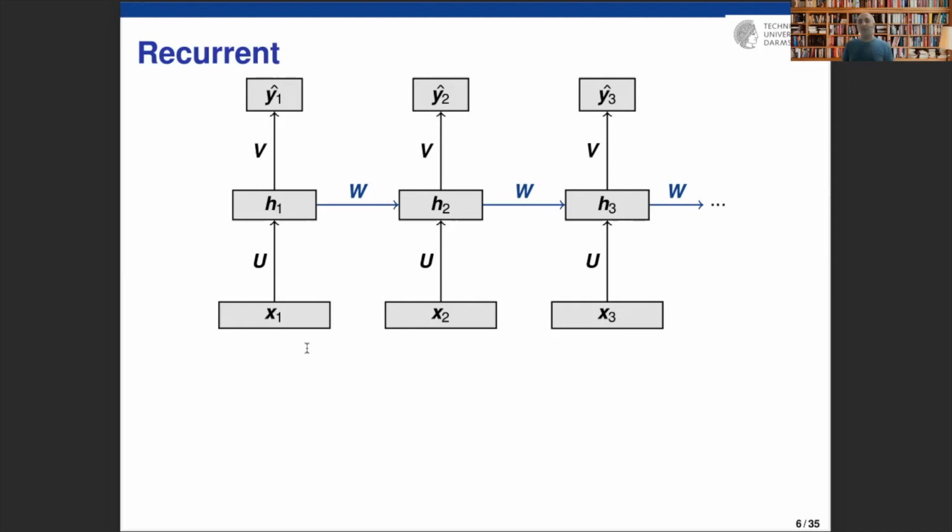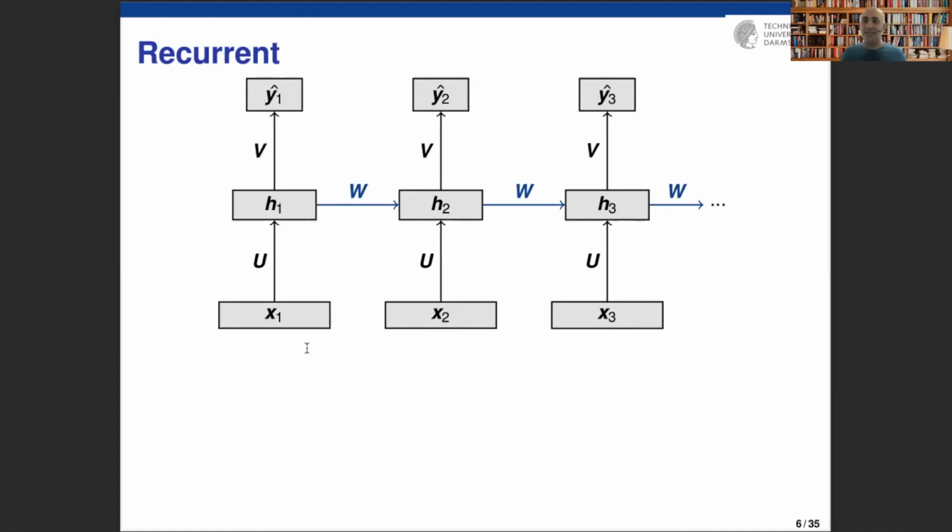And then we use the hidden state as a memory to memorize what we have observed so far in the sequence. So we only observe the first word, and we multiply that by another matrix like W to transform the information from the memory for processing the next token.